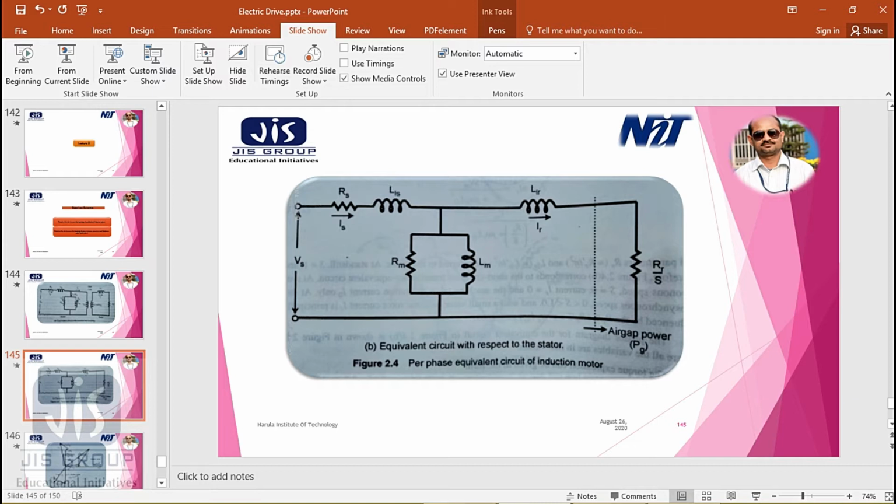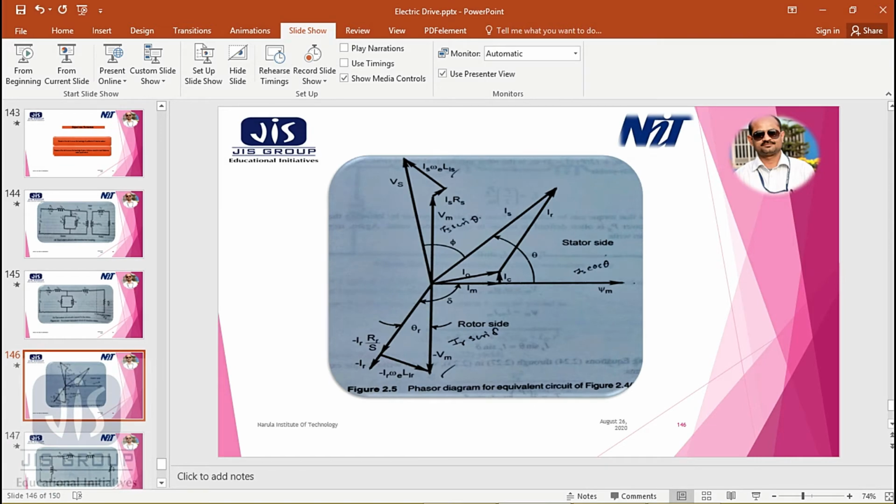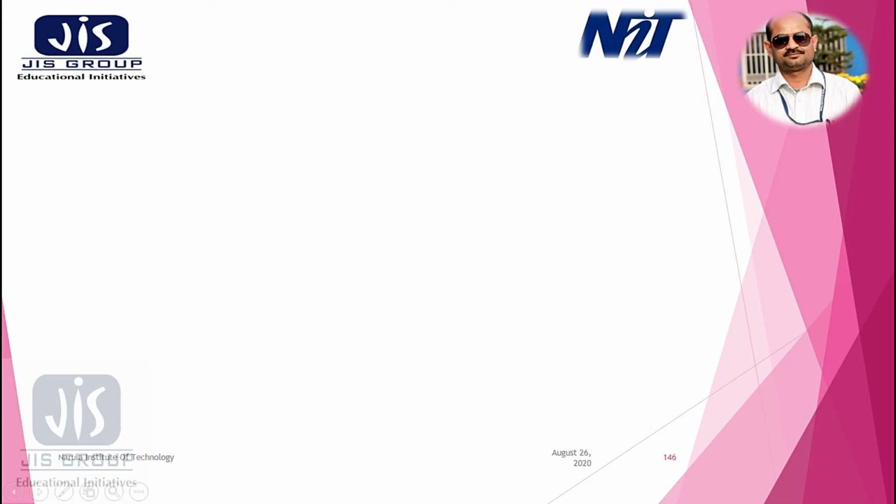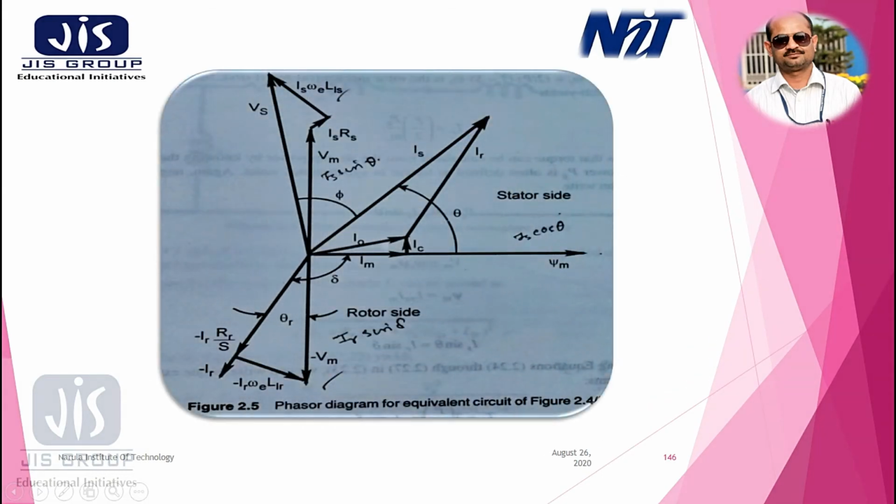From here the input power is Vs Is, and the angle between these two, Vs Is, is per phase value. If it is a 3-phase machine we are discussing, it will be 3 Vs Is into the power factor. So if we look at this, that is the phasor diagram.